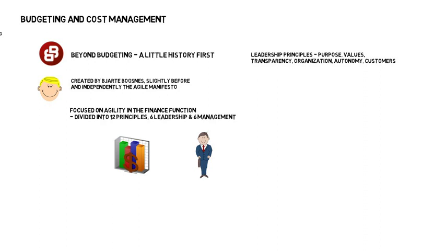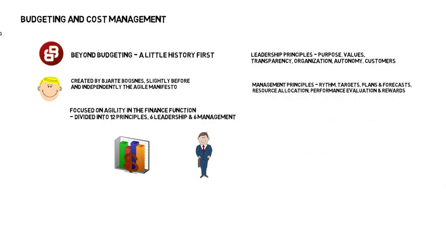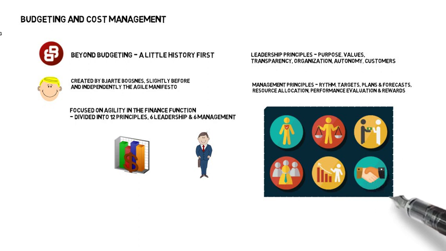On the management side, we have rhythm and targets, plans and forecasts, resource allocation, performance evaluation, and rewards. So for instance, in rhythm, organizing management processes dynamically around business rhythms and events, not around the calendar year only. Targets: set directional, ambitious, and relative goals and avoid fixed and cascading targets. Plans and forecasts: making planning and forecasting lean and unbiased processes, not rigid political exercises.